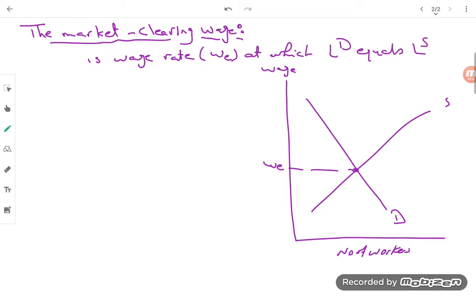At any level upper or lower than the market clearing wage, we have either a shortage or a surplus in this market. So say for example at a lower level, say W1. At W1, in this case, demand for labor is greater than supply of labor.